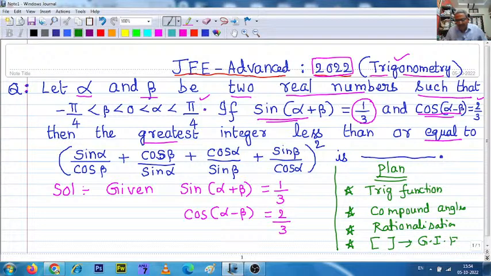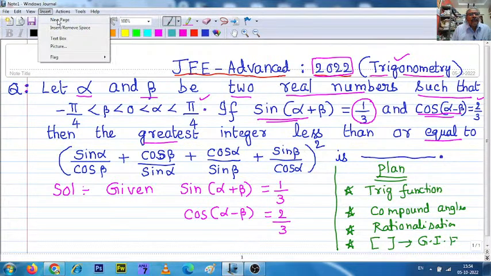So let us try to apply our plan. First, consider this expression up to here. Let us move to the next page.